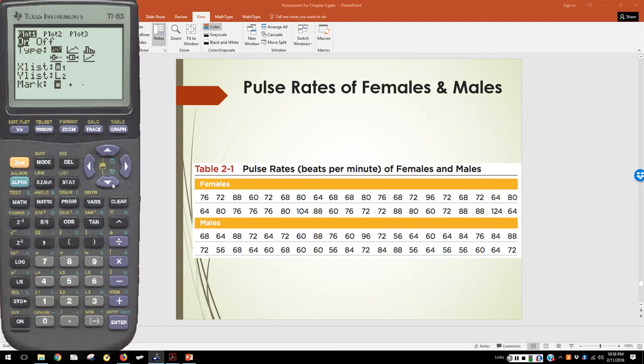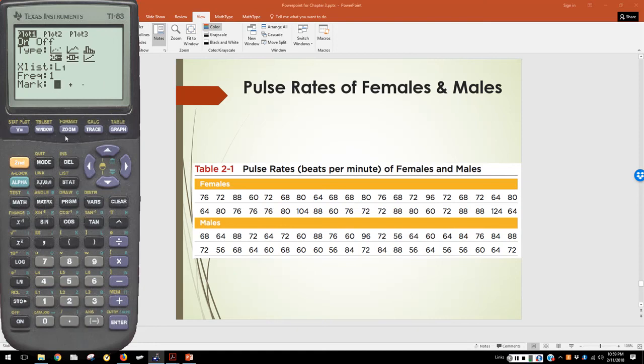Our data is actually in list 1. Oops. You have to click enter to actually select that box plot. Our data is in list 1. Frequencies you leave alone, that's just 1. And if there are any outliers, it's going to show us the outliers with a little box like that.